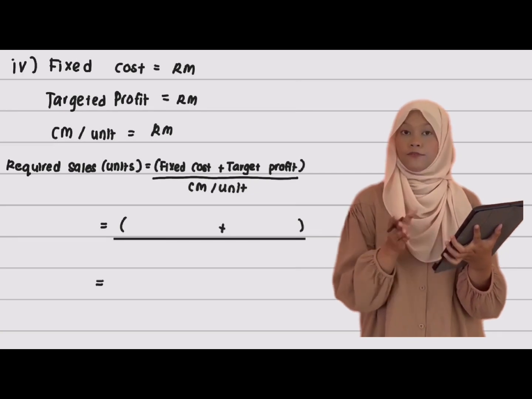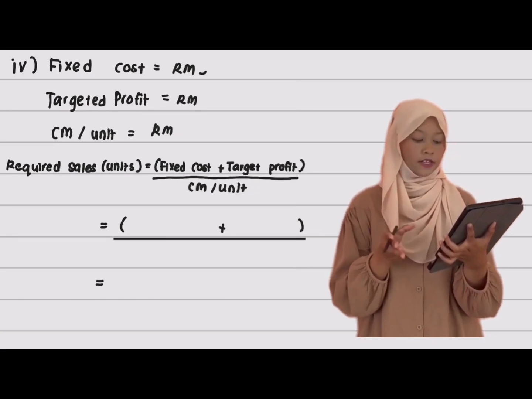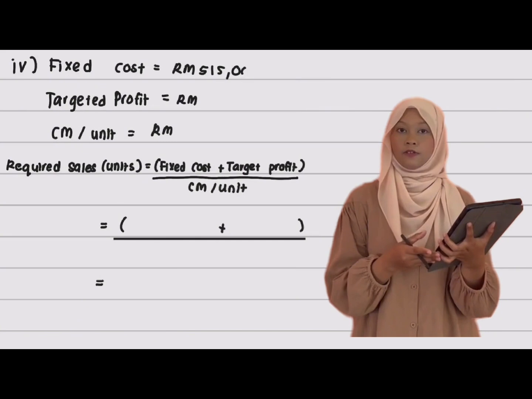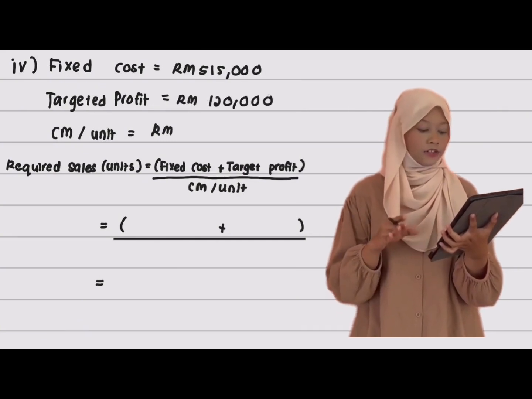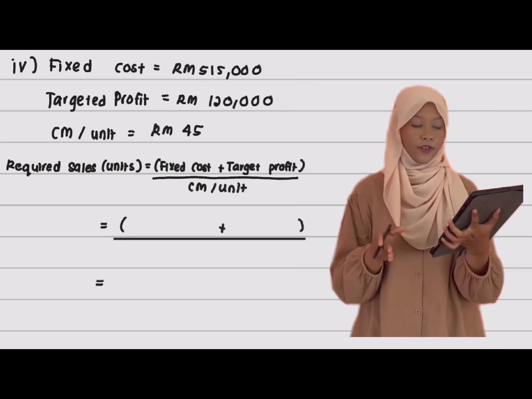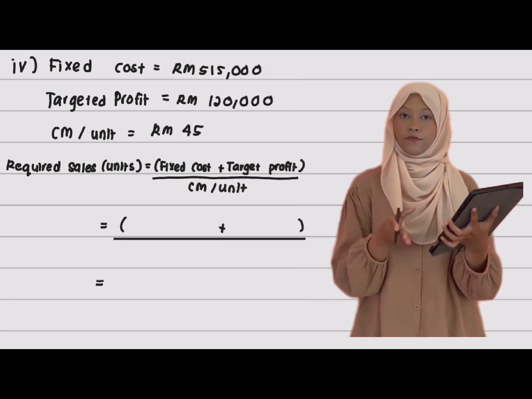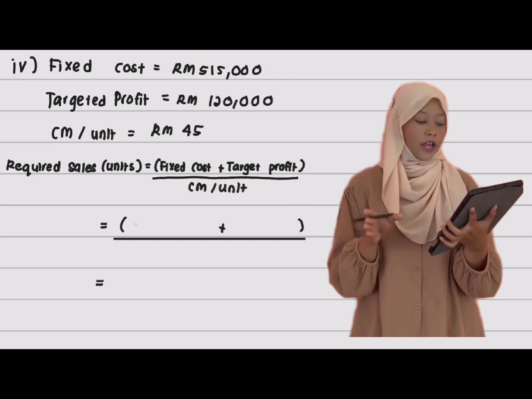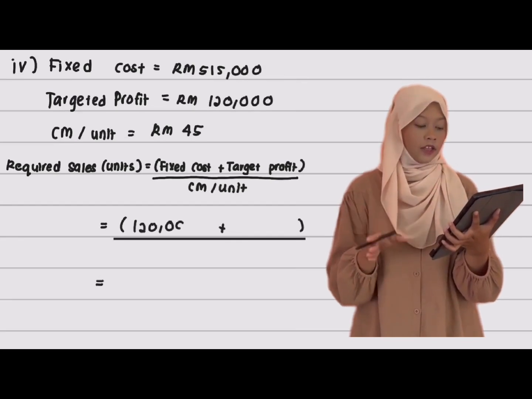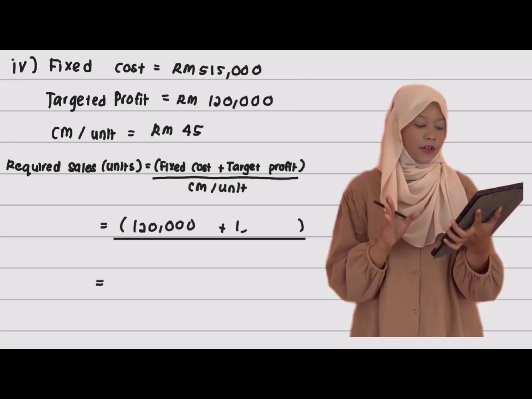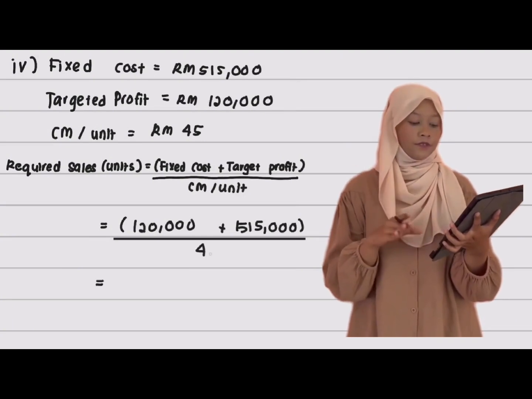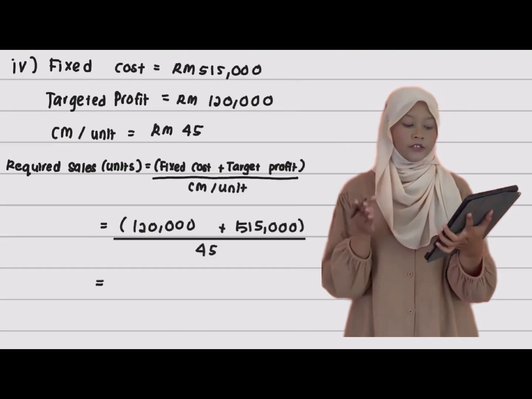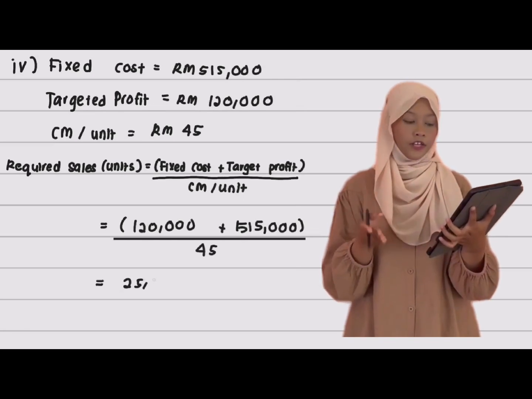So, the information we have is the fixed costs are 515,000 ringgit, the target profit is 120,000 ringgit, and the contribution margin per unit is 45 ringgit. So, by applying the formula, in brackets 120,000 ringgit plus 515,000 ringgit divided by 45 ringgit, we get 25,400 units.